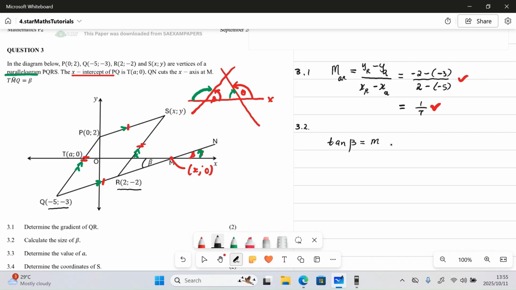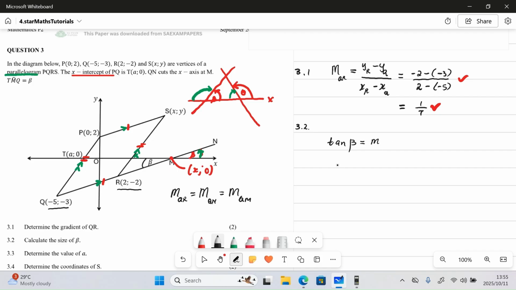In this case, we must talk about the gradient of QN. But remember, the gradient of QR is equal to the gradient of QN. It's also equal to the gradient of QM because these are collinear points, on the same line.